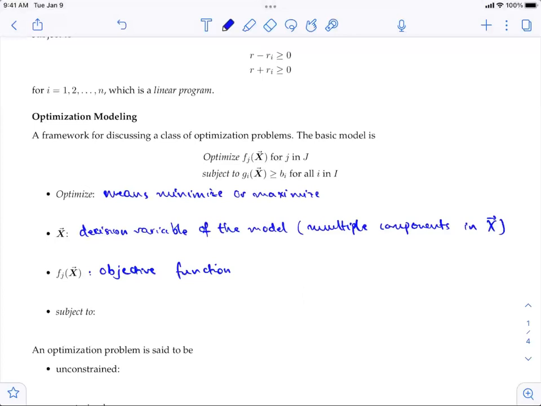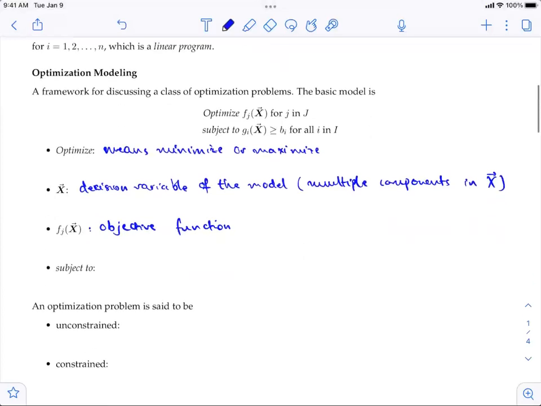We're going to do some examples a little bit later so that you understand what types of objective functions we can come up with, again depending on the problem that we have. In this case, you have the subscript j, which indicates that there may be one or more functions to optimize.